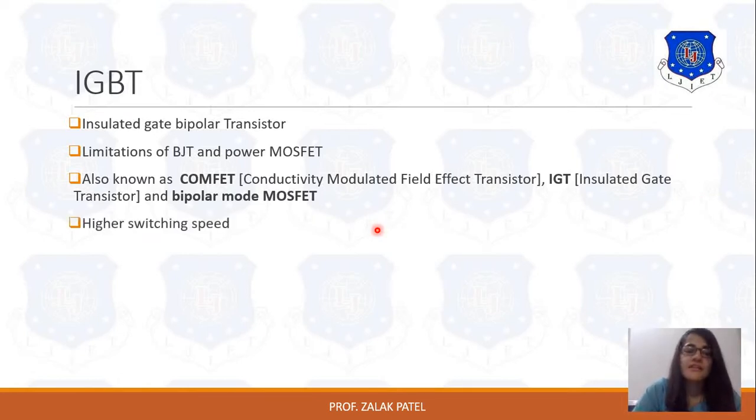It has a higher switching speed compared to MOSFET, in the nanosecond range, which means easy turn on and turn off time, and low on-state loss. This low on-state loss is the best feature of IGBT, because in case of MOSFET, we discussed in the last lecture that the limitation of MOSFET is that it has a high on-state loss because of the high on-state resistance. In this case this will be reduced. That's how it is better than MOSFET.